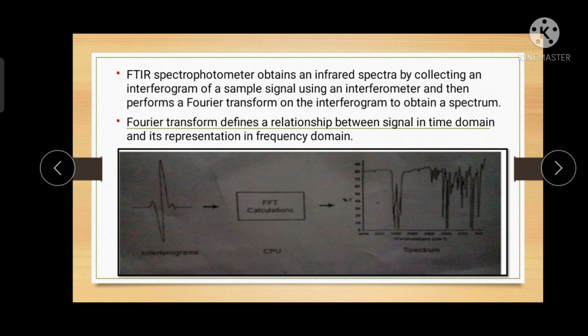So here we get the interferogram, which is produced with the help of the interferometer, and then there is the Fourier transformation, which is a mathematical technique, and after it we get the sample spectrum, that means the spectrum of a given sample. In this way we get the FTIR spectrum.